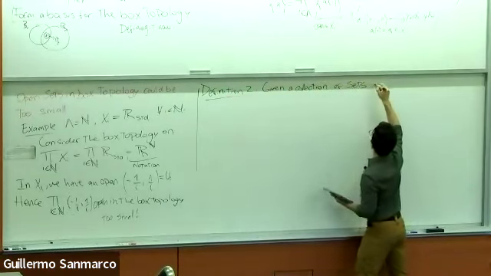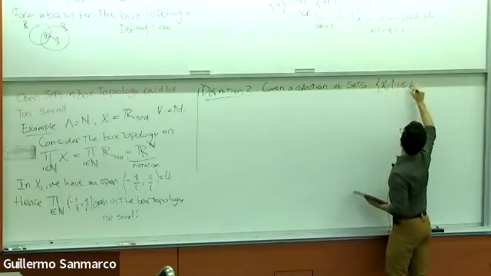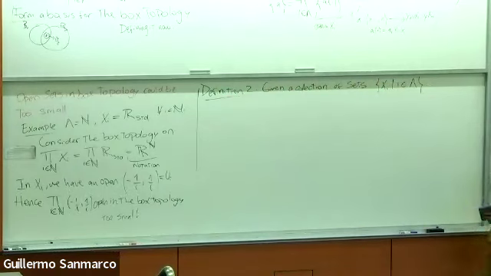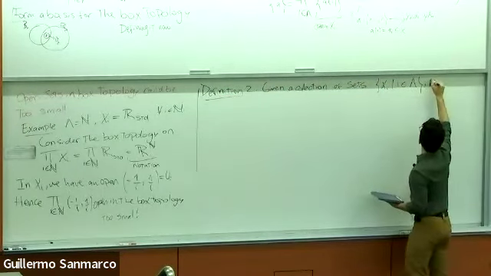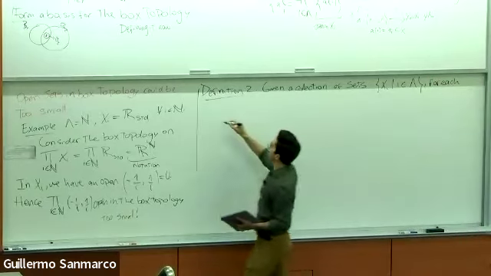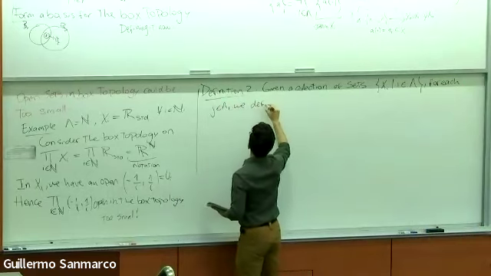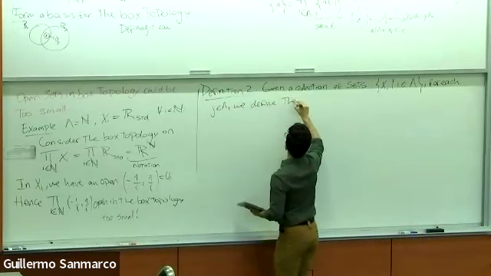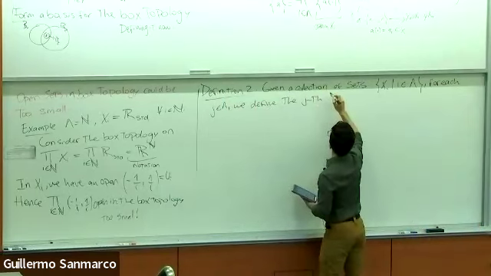Given a collection of sets, let's call these X_i, where i lives in the index set Lambda. For each index j in Lambda, we define the jth projection.